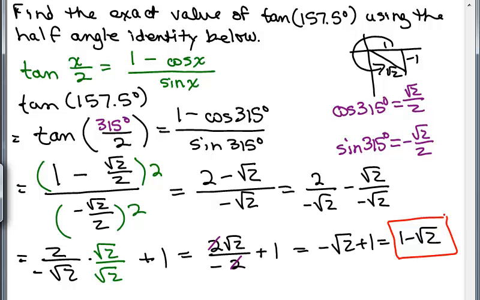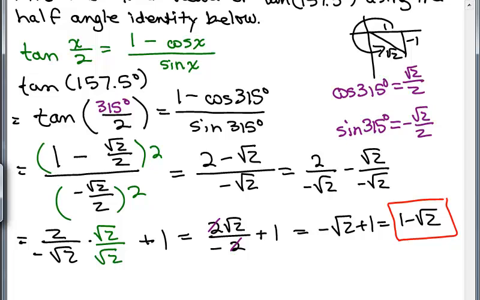And you could use a calculator to verify that when you plug in 1 minus square root of 2 in your calculator, you get approximately the same number as if you put your calculator in degree mode and computed the tangent of 157.5. So that's a good idea.